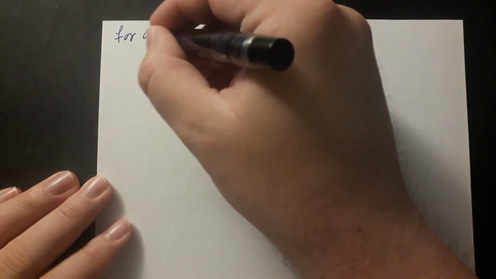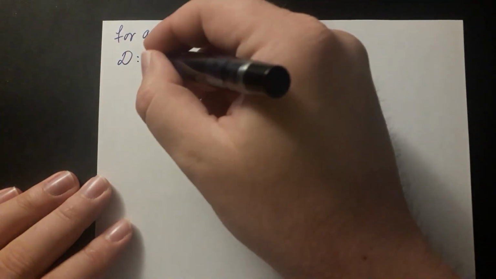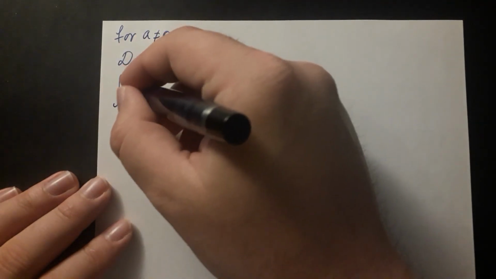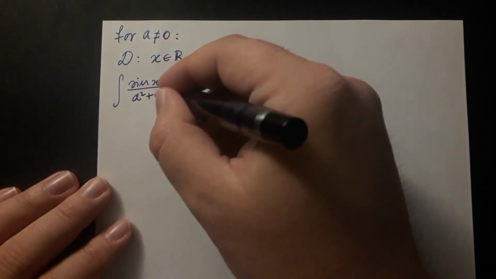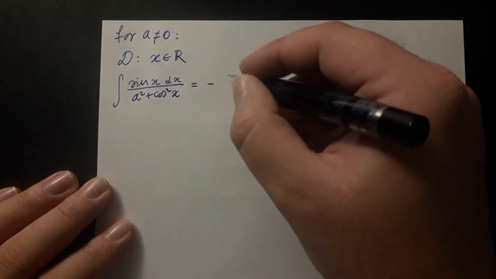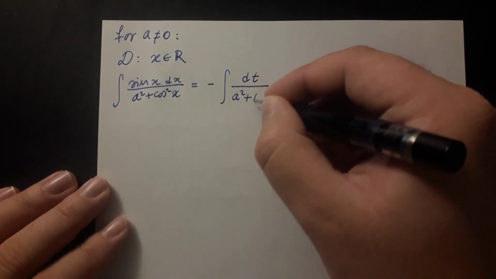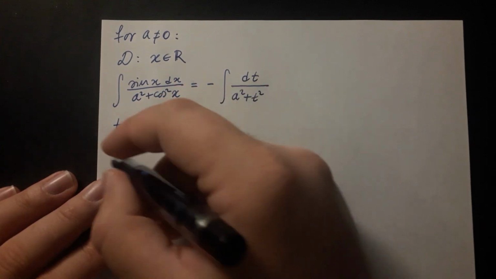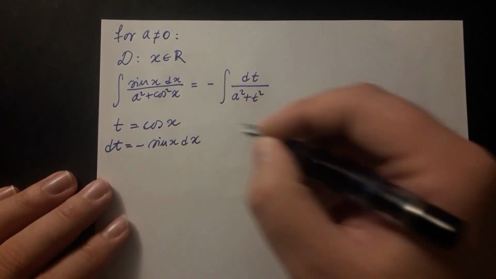Now for a which is different than 0, the area in which the integral is defined is for all x's which are real numbers, and the integral of sin x dx divided by a squared plus cosine squared of x then can be written as an integral of negative dt divided by a squared plus t squared, again using the substitution that t is equal to cosine x and dt is negative sine of x dx.